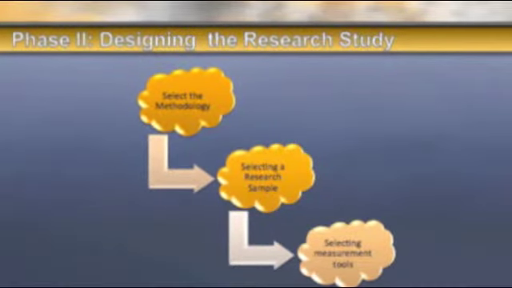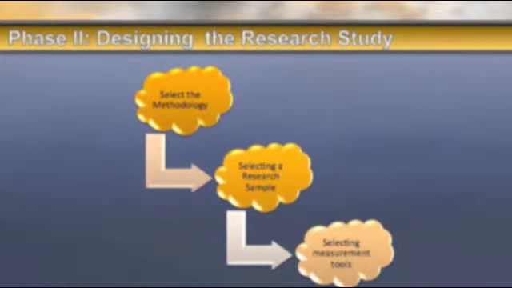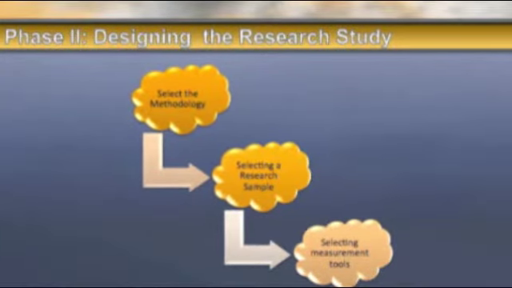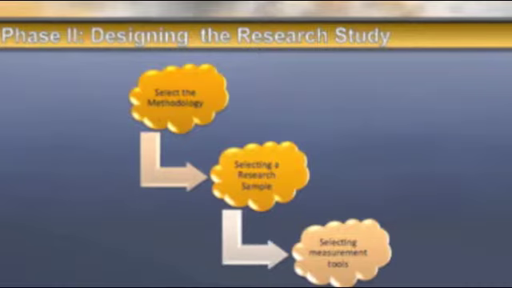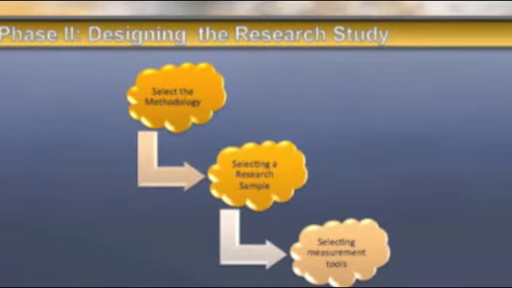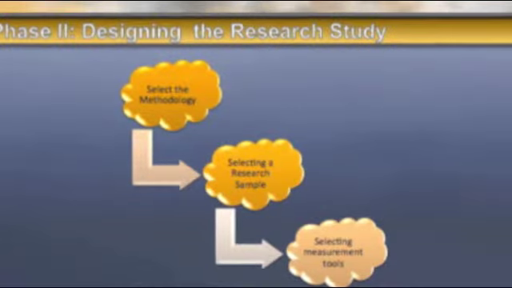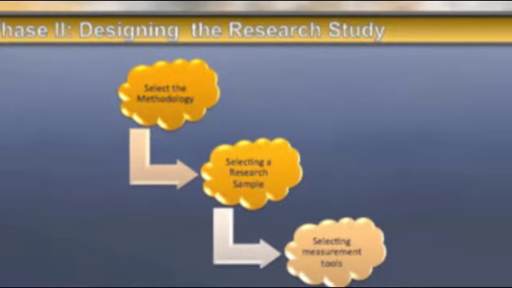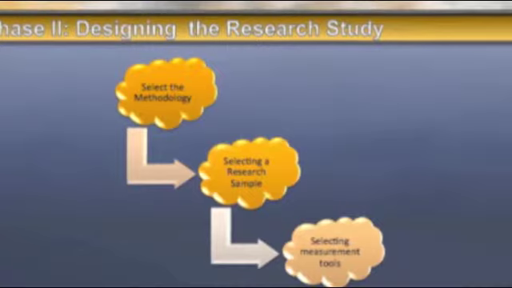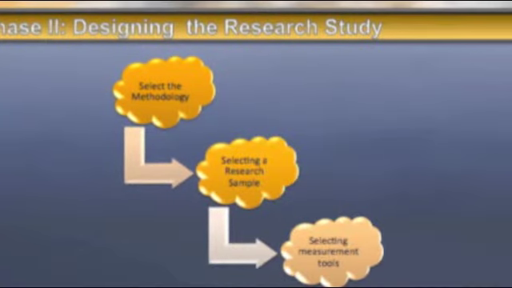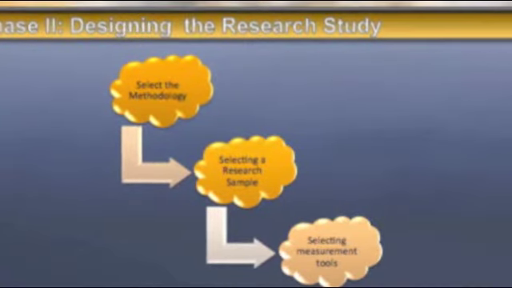So then we're moving into phase two, which is actually designing the research study. Based on what your question is, what's the best methodology that you're going to use? If it's anything to do with numbers, or finding out about infection, or how many people break their leg when they fall down, you pick your methodology. If you want to know about feelings and perceptions, then you would do qualitative.